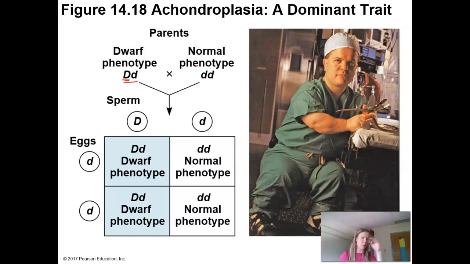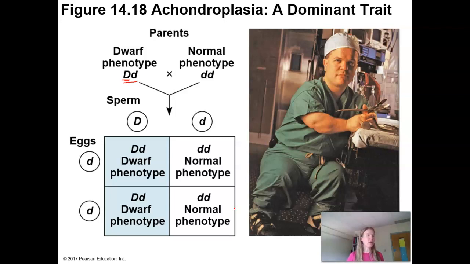If he mates with a woman of a normal stature, we can run that Punnett square and we can say, hey, it's a 50-50 chance. And this is the sort of thing that becomes important, being able to understand and explain, right, if you're going to work, say, in a medical field, to people what the chances are of passing on something to your offspring. So we can have some fun. I know a lot of this is like boring old Mendel and his peas, but there's a lot of real world application to this as well.